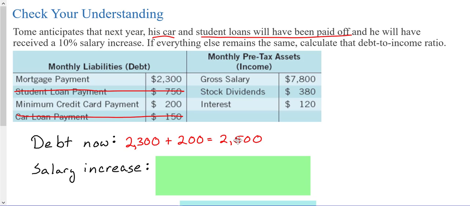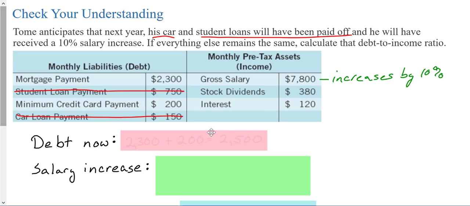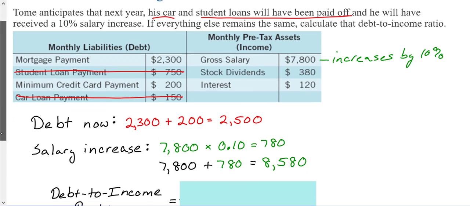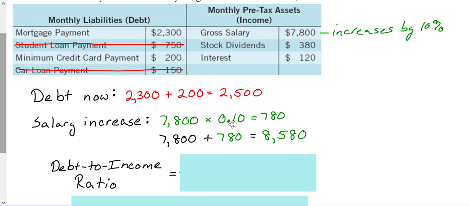He will receive a salary increase of 10%. So that means this amount increases and we have to calculate it to figure out what our new income is going to be. So I did that right here. I took his 7,800, multiplied it by 10% in decimal form. So he gets an increase in his salary of $780. Add it back in. His new salary is 8,580.